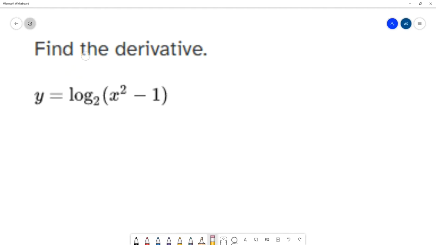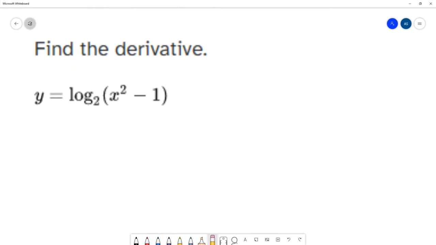So on this example, we want to find the derivative for y equals log base 2 of x squared minus 1. Now this is one that I typically will forget the derivative rule for. So my first instinct is to go back to a little bit of algebra first.